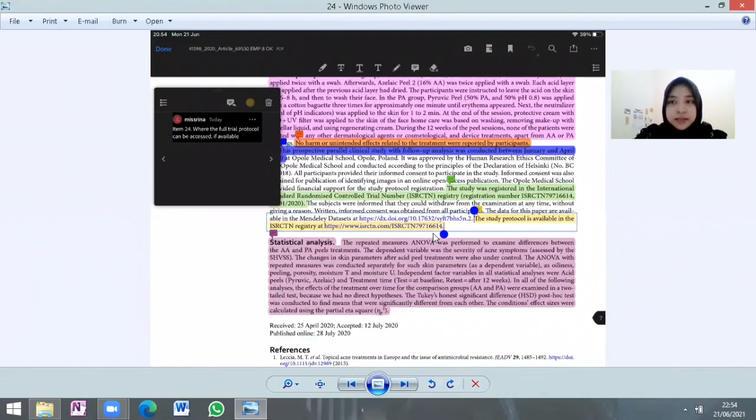The next item, number 24, where the full trial protocol can be accessed, if available, is reported on page number 8. The study protocol is available in the ISRCTN registry at https://www.isrctn.com/ with the registration number of the study.